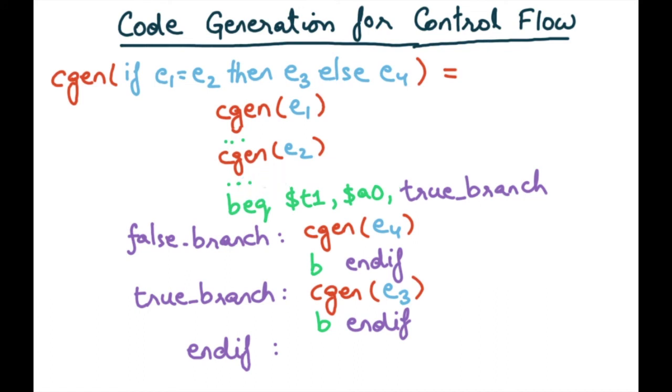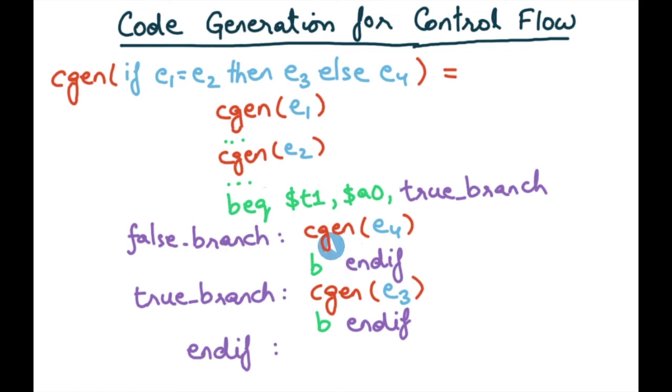So you pop off what you had saved for storing the result of E1, and then you execute this branch equal instruction that checks. You load the result of E1 into T1, and then check whether T1 and A0 are equal. If they are equal, you jump to the true branch, otherwise you fall through to the false branch.